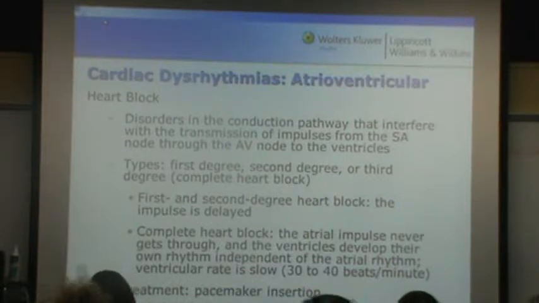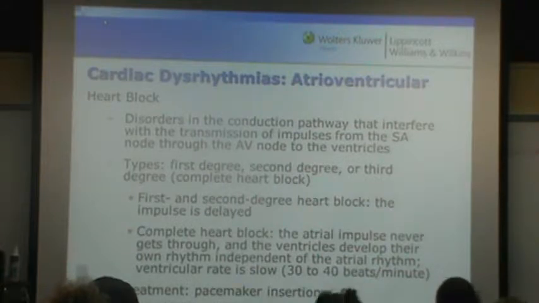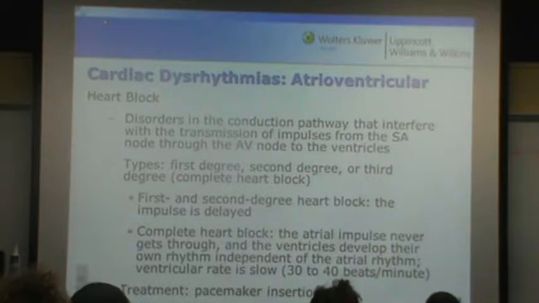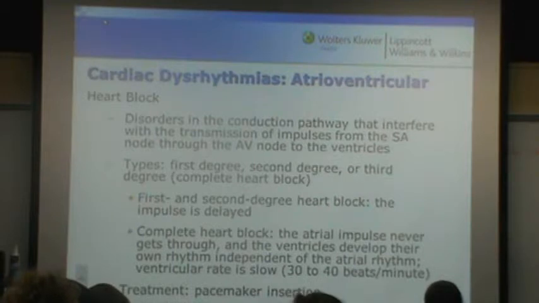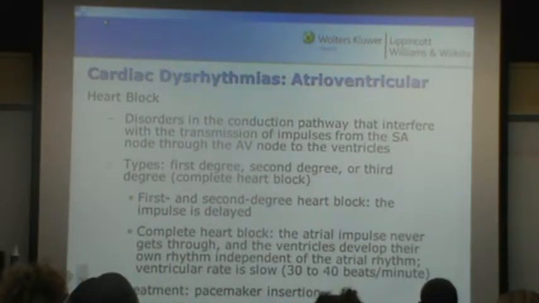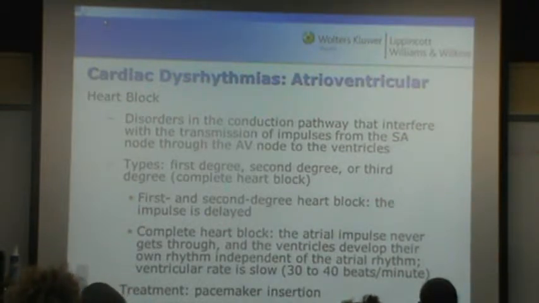Because there are different types of them, we have first, second, and third degree heart blocks, or AV blocks. When we're looking at them, remember, we're not talking about a physical blockage within the heart, okay? We're talking about a blockage of the flow of electricity, okay?